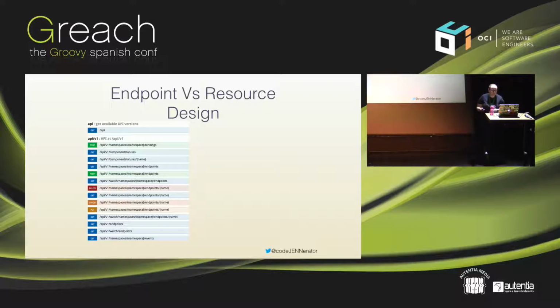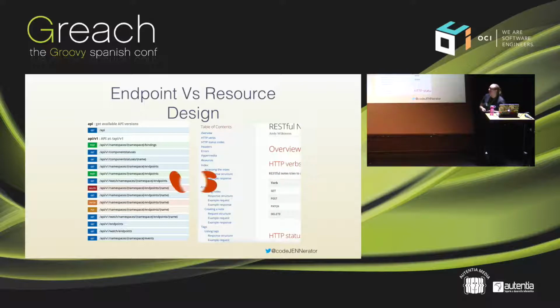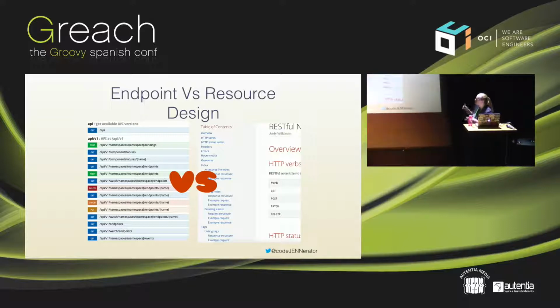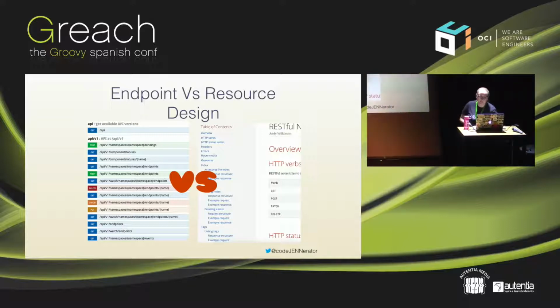And then on the right is an example doc from the Spring RESTdocs project. And so on the left, we can see that everything is kind of sorted by its URLs, by its resource names and everything, and then by the endpoints, and then the one on the right is more resource-based, and you get subsections, and things are kind of grouped together in a different way.